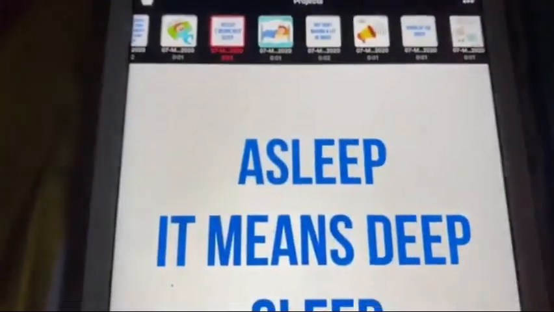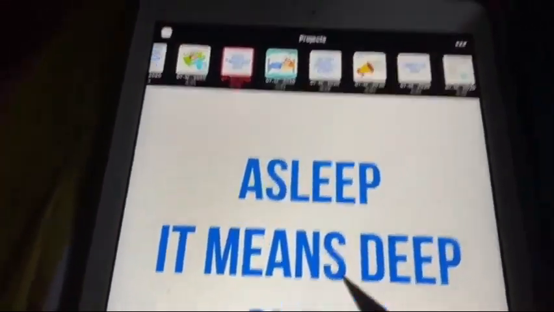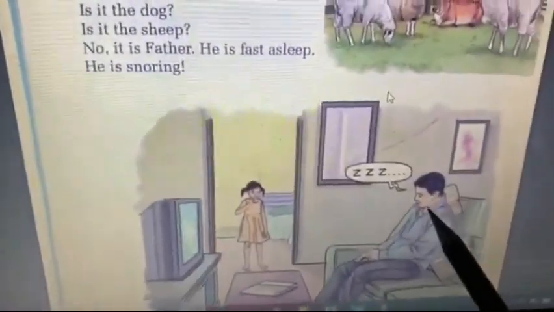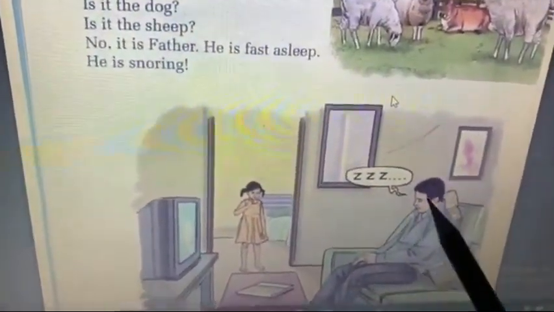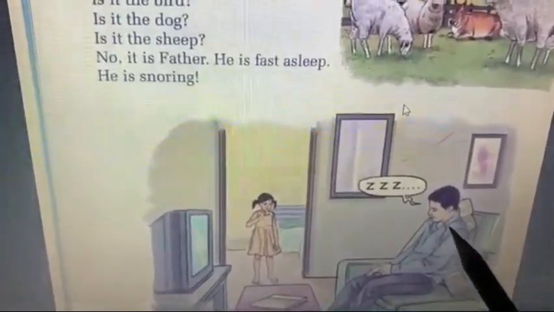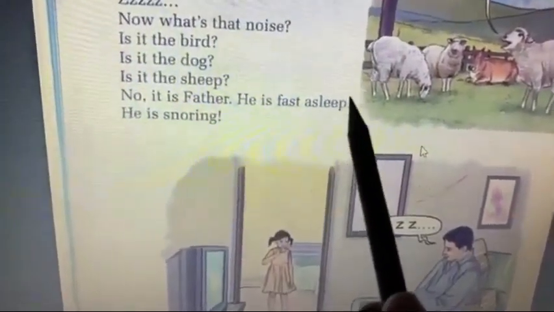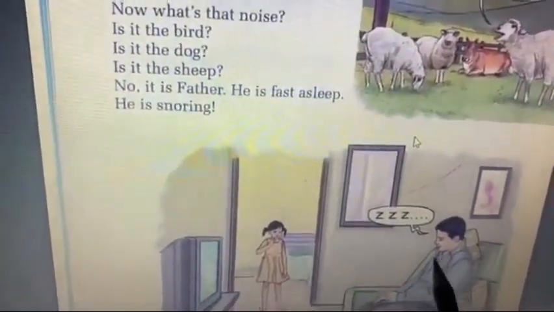Children, asleep means a deep sleep. This man is here in a deep sleep and that sound is coming when he is in that deep sleep. He is fast asleep. It means he is in a very deep sleep.